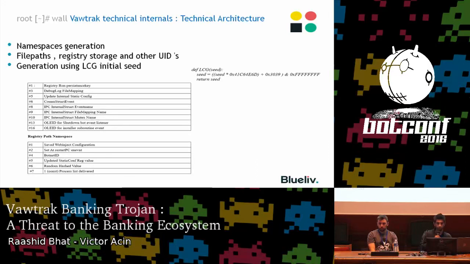For example, let's say, to save the web inject configuration, it generates a namespace of 1, as you can see in the picture over there. So that namespace is generated and the web inject configuration is saved in that particular namespace registry.